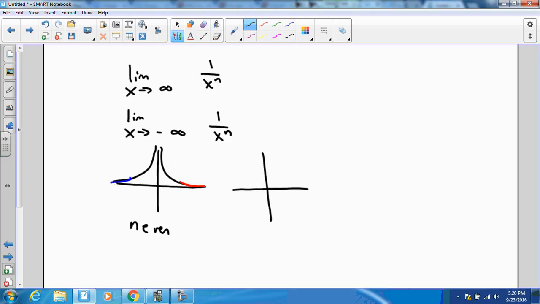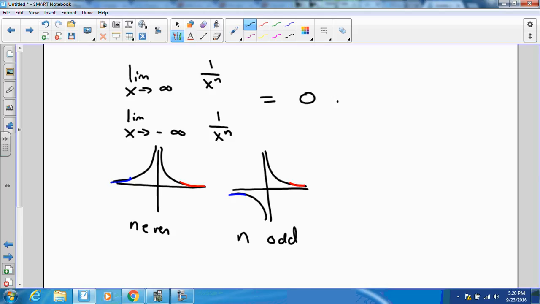And the graph of 1 over x to the n when n is odd goes to 0 in both the positive infinity and negative infinity directions. So that means whether n is even or odd, whether x is going to positive or negative infinity, this will always give me 0. And that's nice.